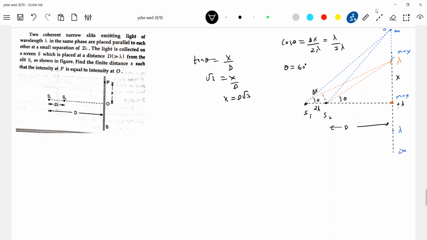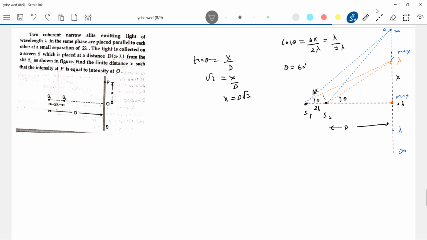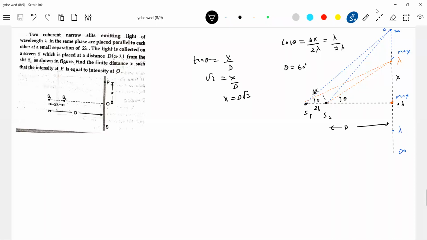Fine. Now, instead of a maxima at point P, if it is a minima, tell me what changes you are going to make. If the point P is a minima, then after 2 lambda, what do we get? We get 3 lambda by 2 here. Minima will be here at 3 lambda by 2, then lambda by 2.